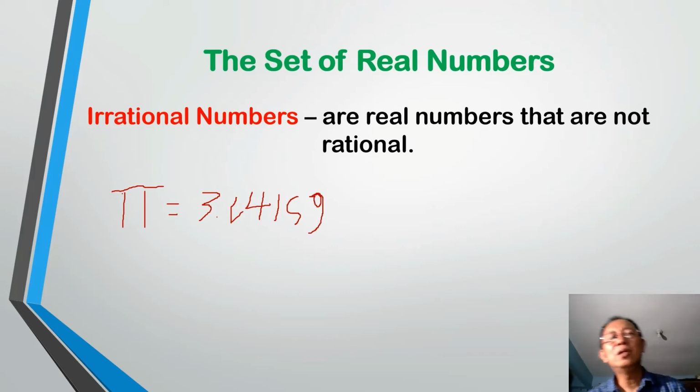pi has about 100,000 digits that are non-repeating, non-terminating after 9. So we cannot express pi as a ratio. So therefore, pi is an irrational number.